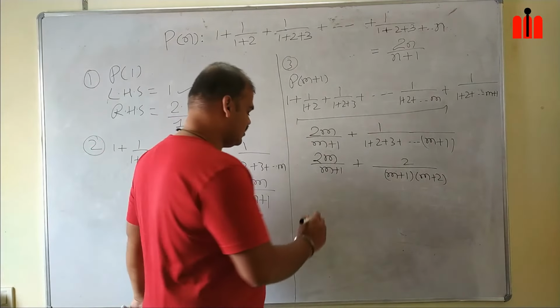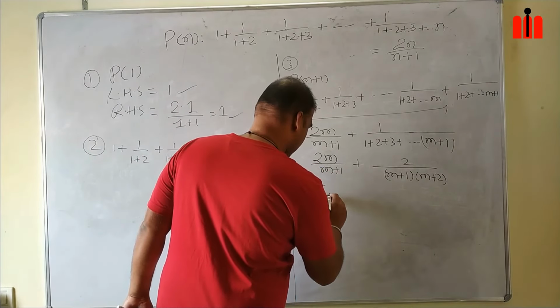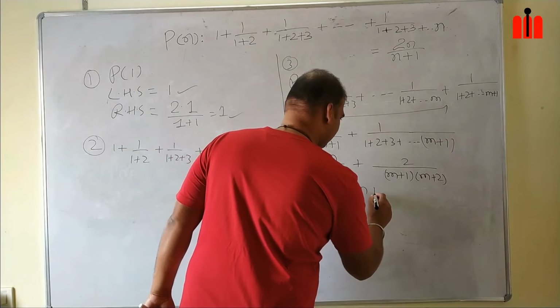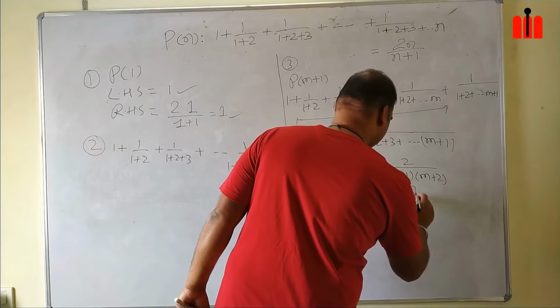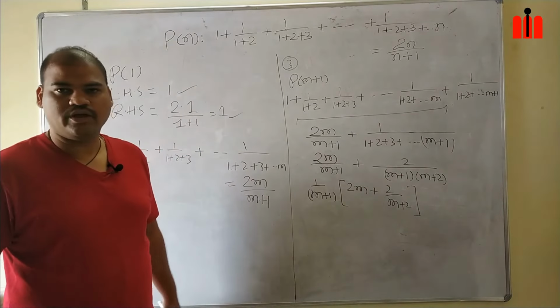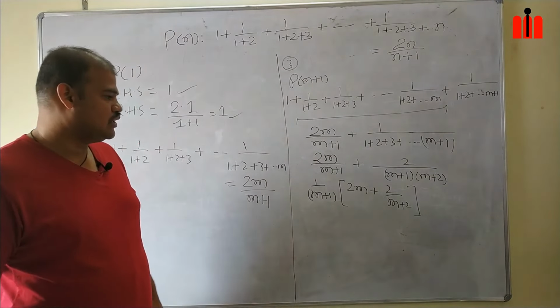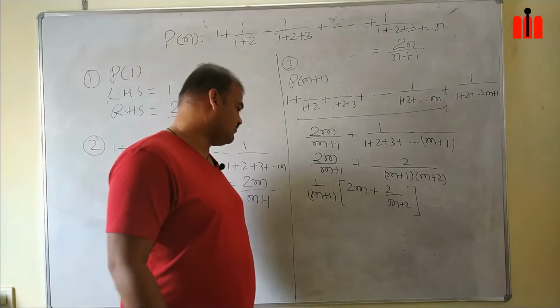Let's take that out. So 1/(m+1) is common. You are left with (2m+2)/(m+2). Okay, (2m+2)/(m+2). Now take m+2 as LCM and solve it further.